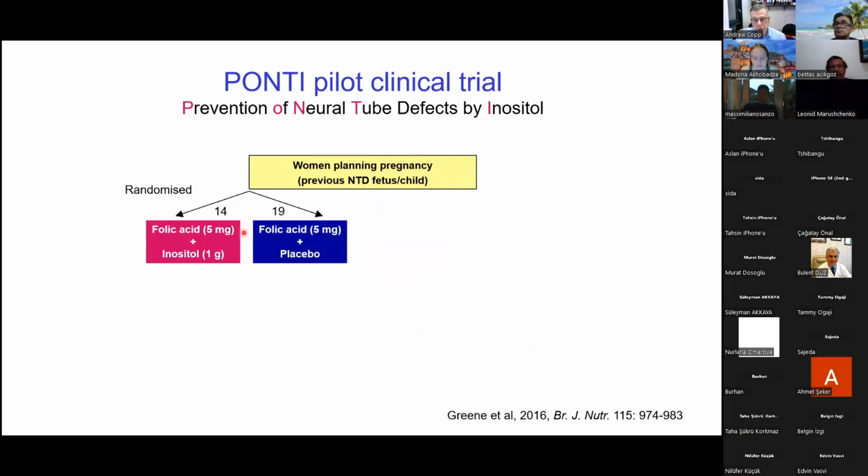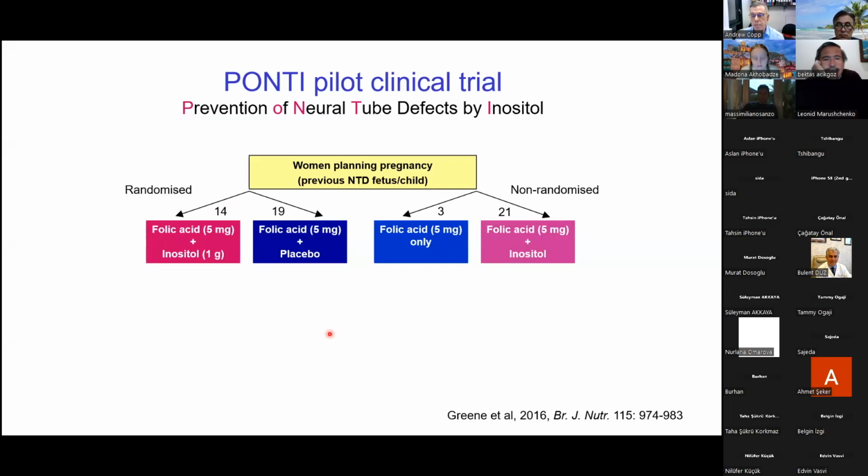Their treatment for a future pregnancy is 5 milligrams of folic acid, but we gave some of them inositol and some of them a placebo. We tried to randomize these women, and many of them agreed, but many did not agree to be randomized. These are UK women. The reason they did not want to be randomized was not through any fear of the treatment, but because they wanted to take inositol once they were told about it.